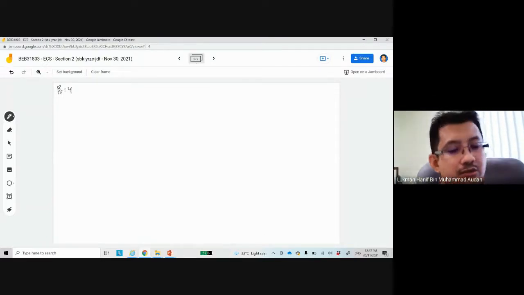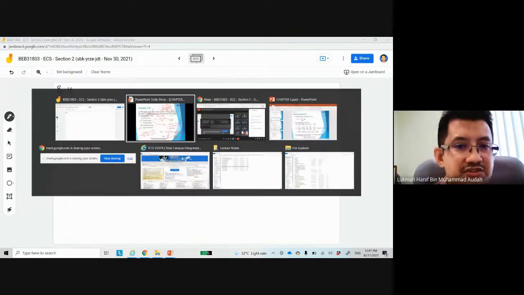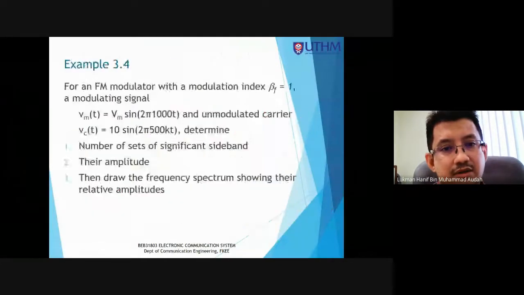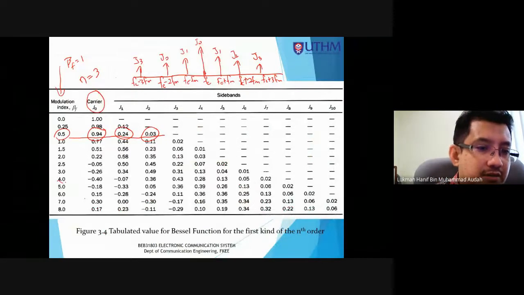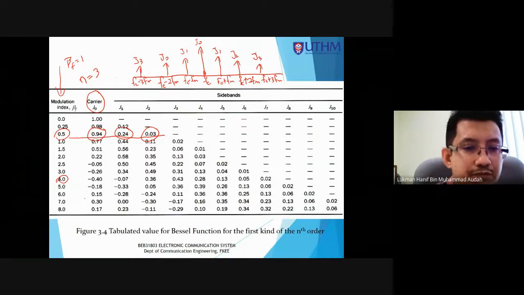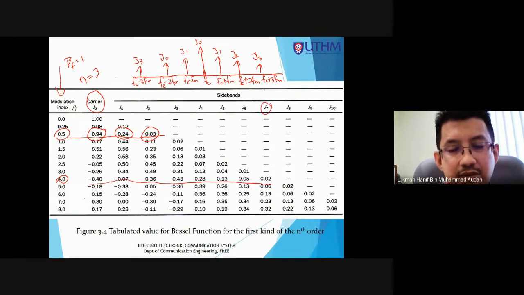So according to the Bessel table, if beta is equal to 4, that means we have up to 7 pairs of sideband, n equal to 7.